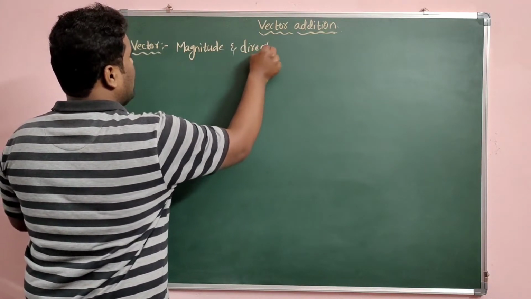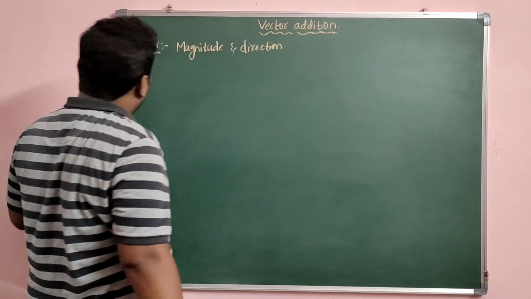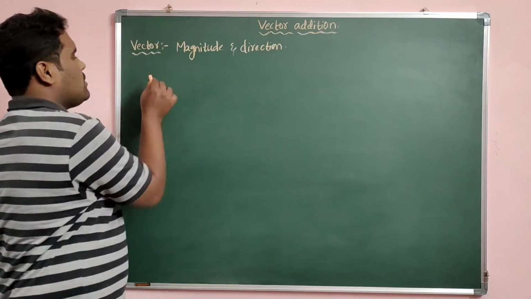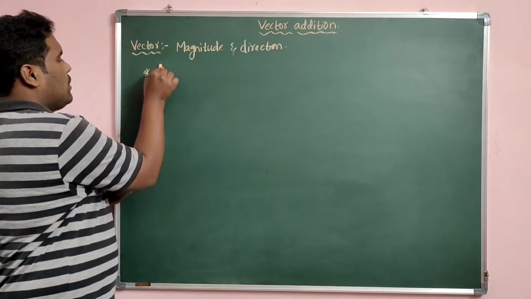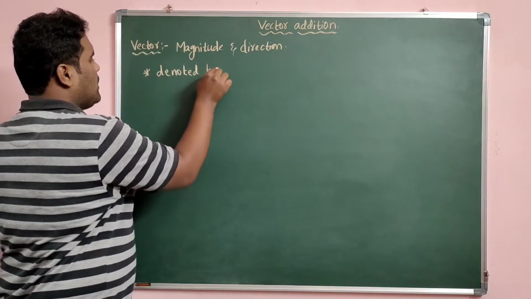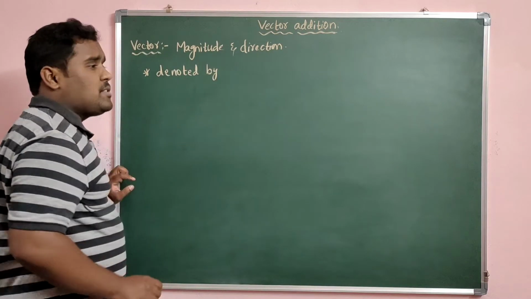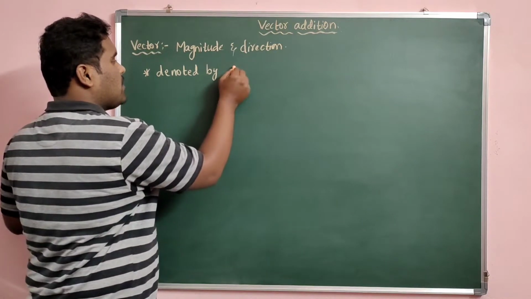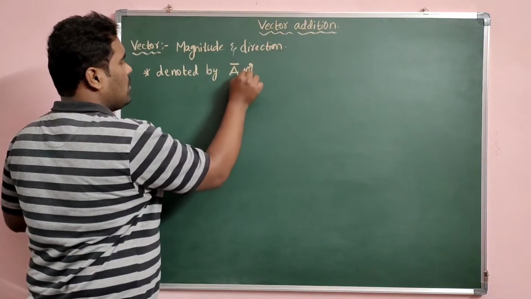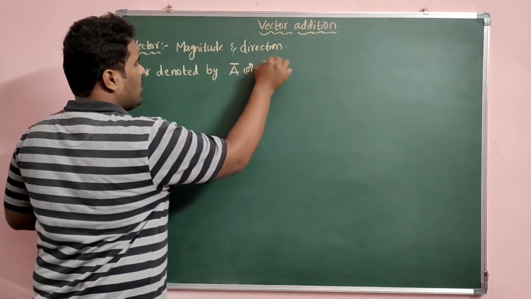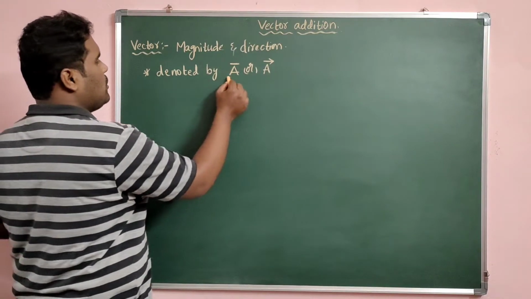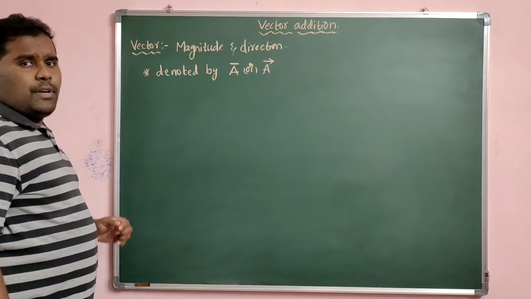So this is a vector quantity, and normally a vector is denoted by, let me say, A is a physical quantity, that too a vector physical quantity, therefore it is denoted by A with a bar or A with an arrow mark. Either of these notations you can use to denote a vector.